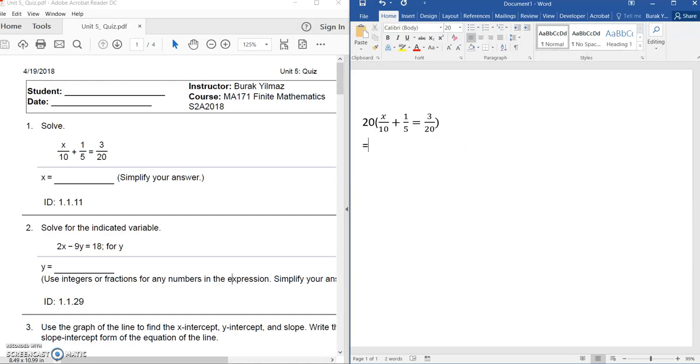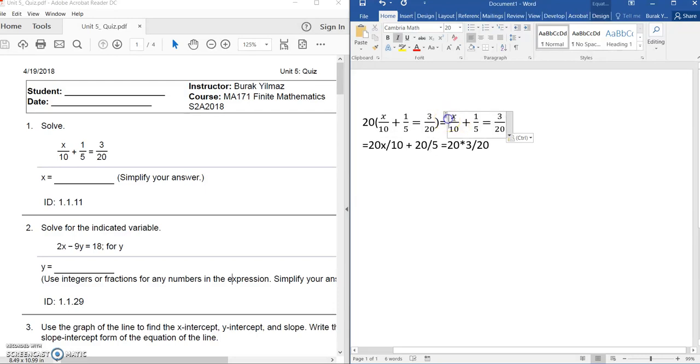So it might be better to write 20 in front of each term, as multiplications.